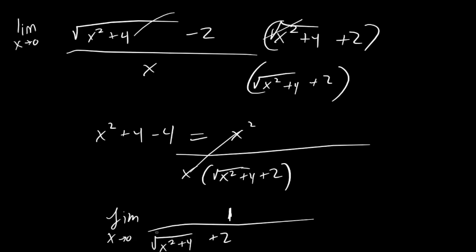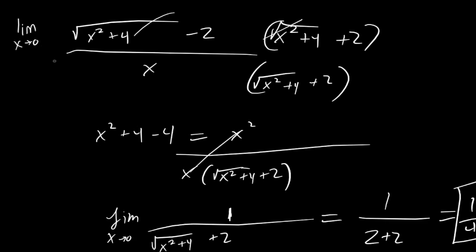And we plug in x, so x to the power of 2 is 0. And then we just have the square root of 4 plus 2, and the square root of 4 is 2, plus 2. So we have 2 plus 2, and then we put that over 1, and that's 1 over 4. And that is the answer.